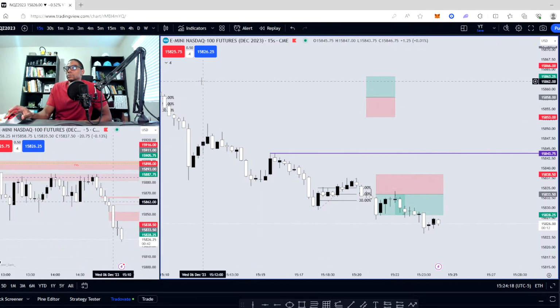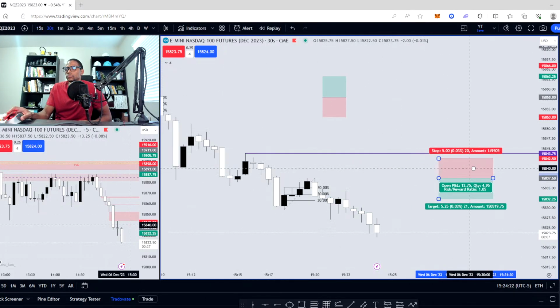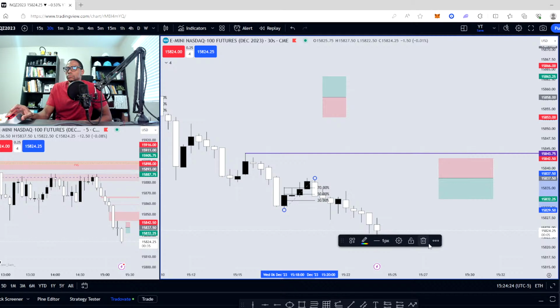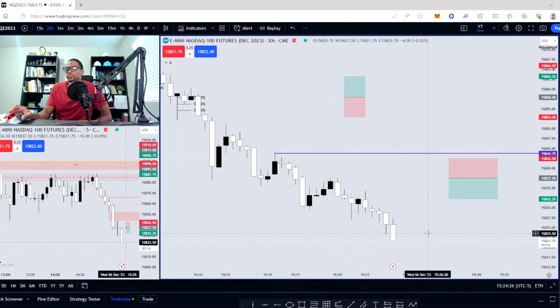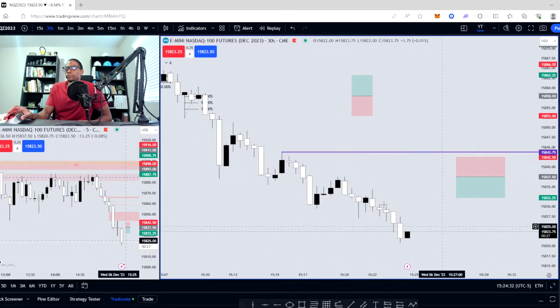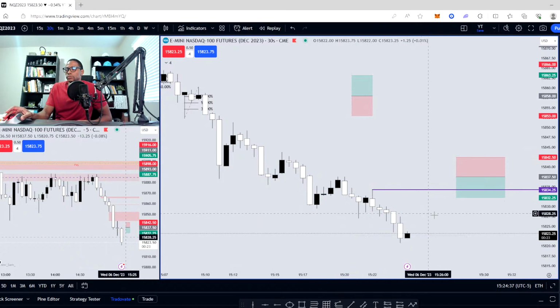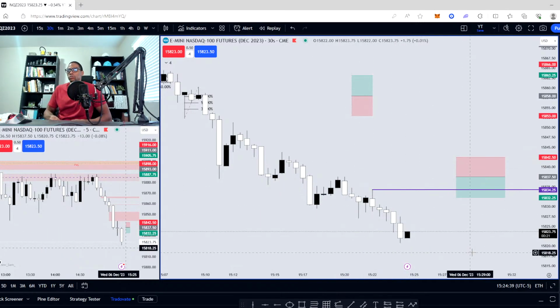Shift back over to the 30-second. See if we can get price to go above these highs. And if it does break that high, then we can look for another short.